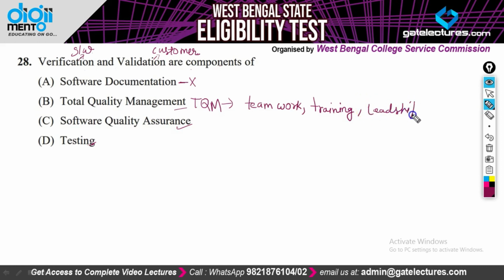It ensures that not only are you good with the technical terms, but also positive enough towards completing your software. It also includes leadership, ethics, improvisation, design, planning, brainstorming sessions. It all comes under total quality management.